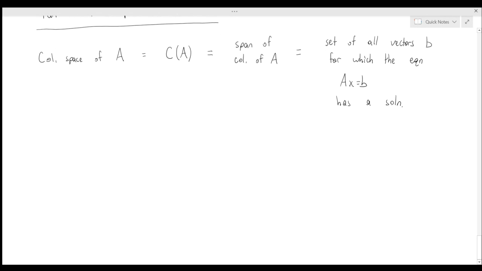I also talked last time about the null space of a matrix, which will typically be denoted by N of A for null space of A. This was defined to be the set of all solutions to the equation AX equals 0.